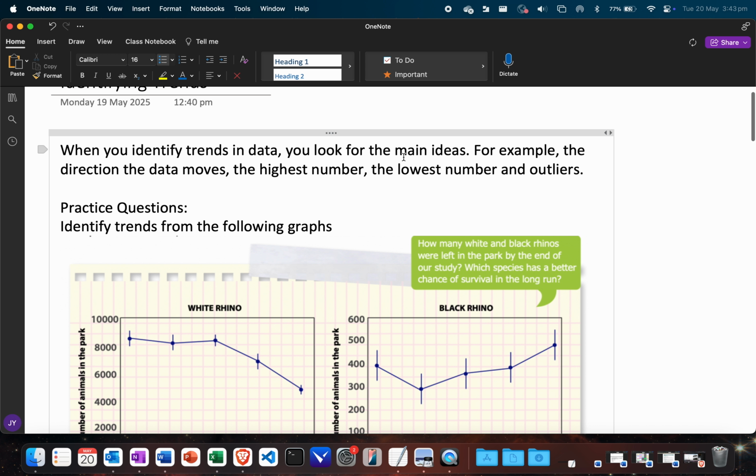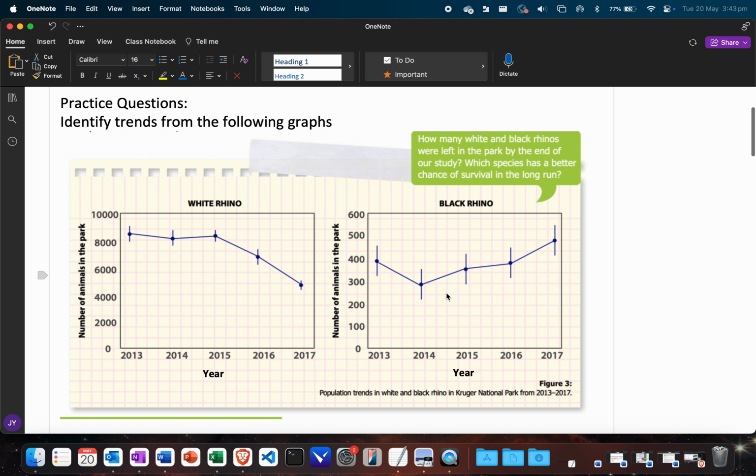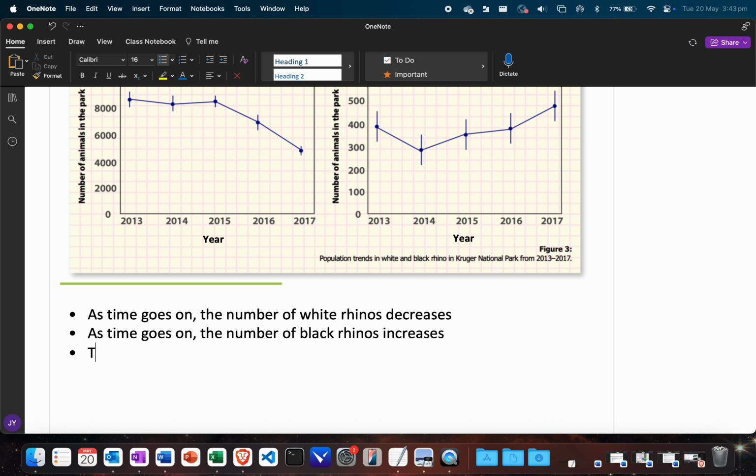Is there anything else that's interesting? Like the lowest number. We saw here there's a little dip at 2014. That's possibly interesting. So maybe the black rhinos had a dip in 2014, and after that, they increased.